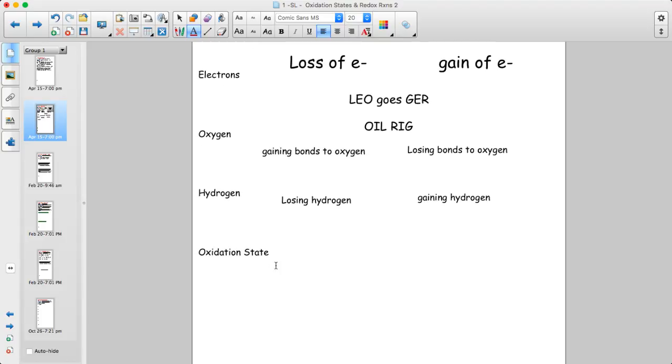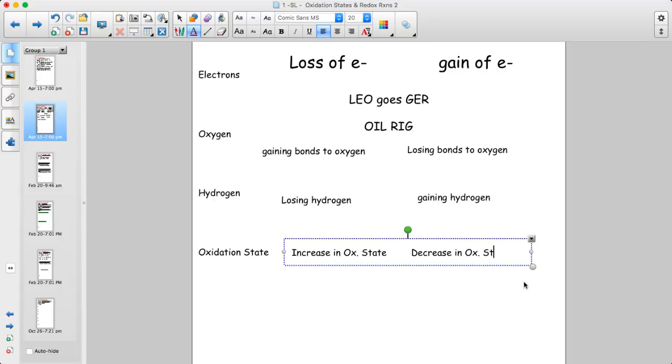So to deal with that, the final type of definition that people came up with had to do with oxidation states, and oxidation states are always going to work for our redox reactions. When you're trying to decide if something has been oxidized or reduced, the most surefire way to determine it is to use oxidation states. An increase in oxidation state happens when something gets oxidized, and a decrease in oxidation state happens when something gets reduced. And so finally, reduction is making sense here.